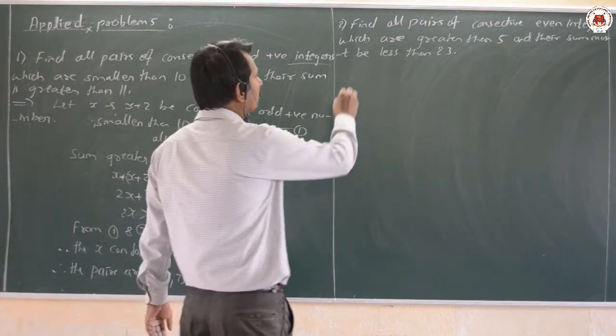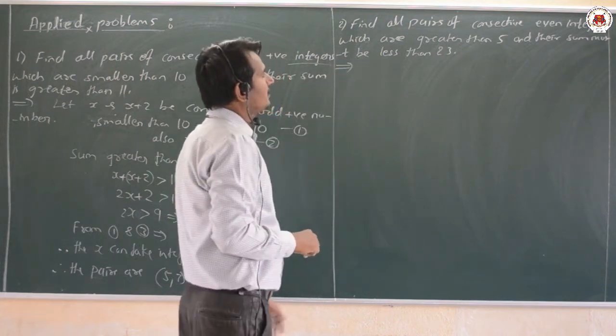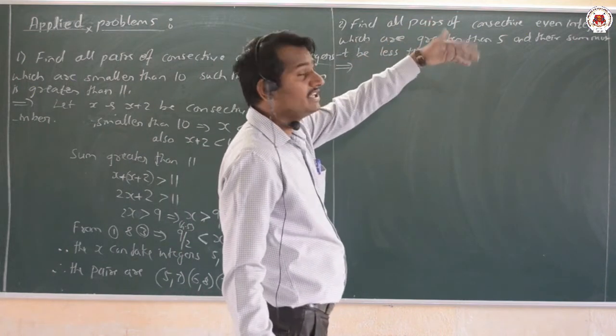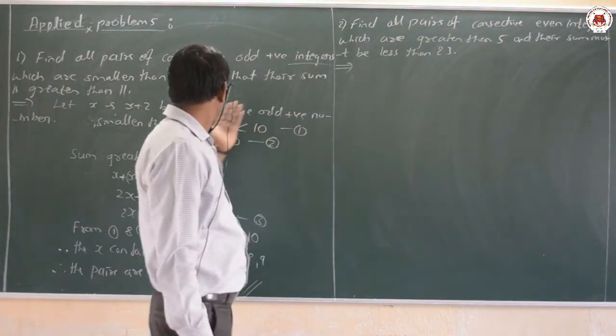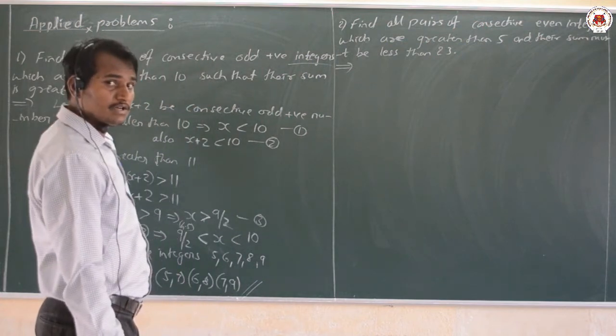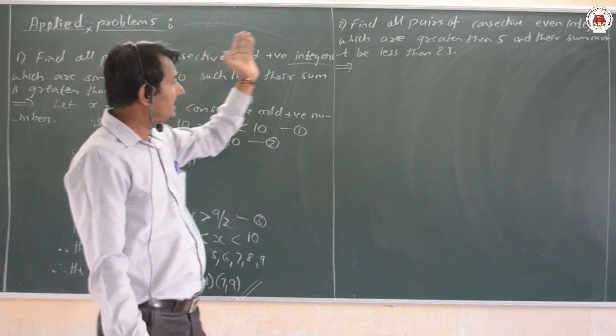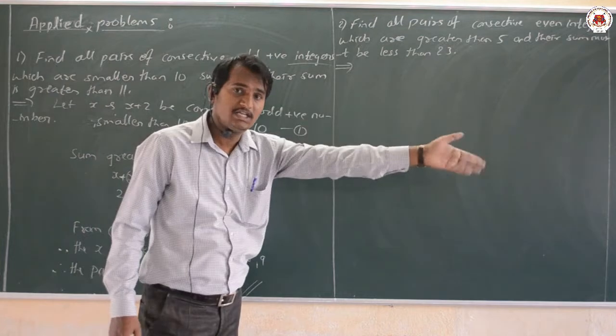Okay dear students, now we shall start with the next problem. Find all pairs of consecutive even integers, positive. Here x was odd, therefore x plus 2 is also odd. If I take x as even, x plus 2 is also an even number.